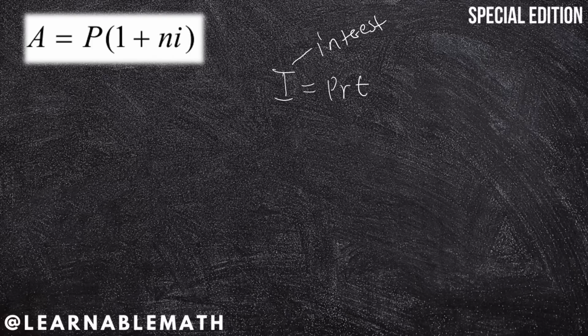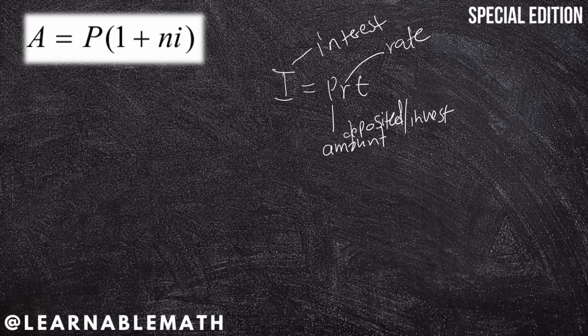So we'll take P as the amount invested or deposited, and R will be the rate, and T will be the time or the period, which in our case will be the number of years. And this is from grade 9. We know that interest was calculated using the formula I equals PRT.